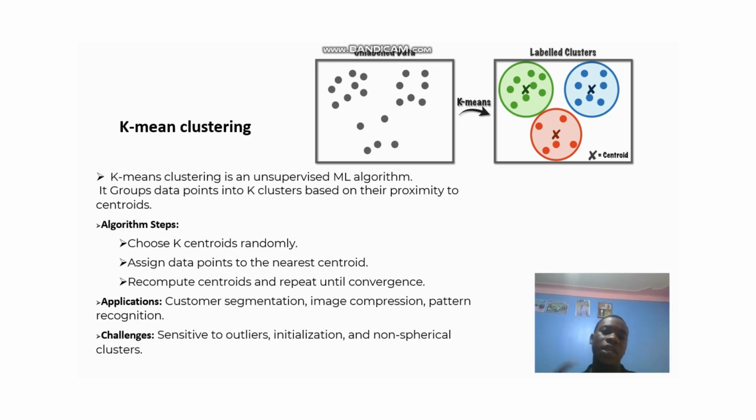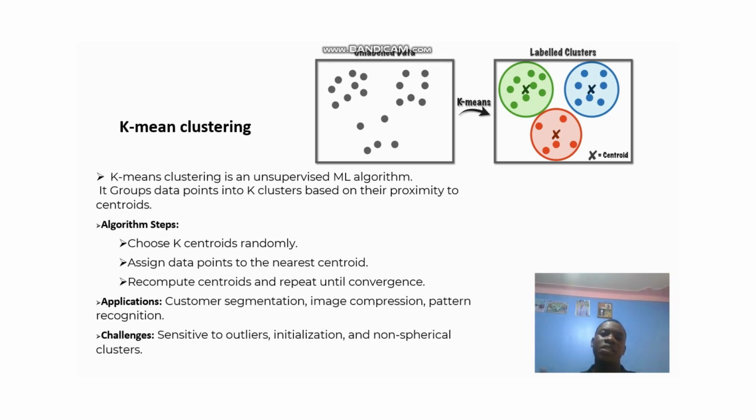First of all, it chooses the centroids randomly. It assigns the data points to the nearest centroids, meaning it makes the different clusters depending on the different centroids. Then it recomputes the centroids and repeats until convergence.